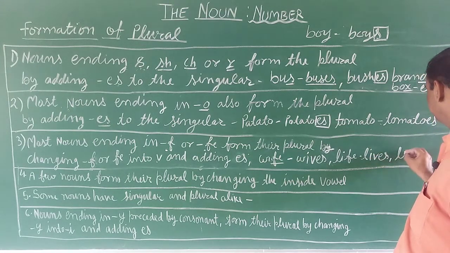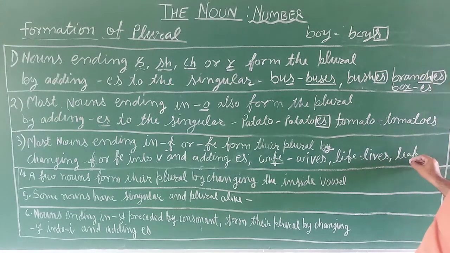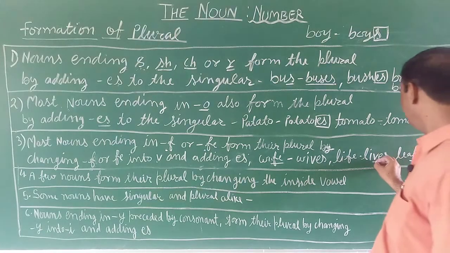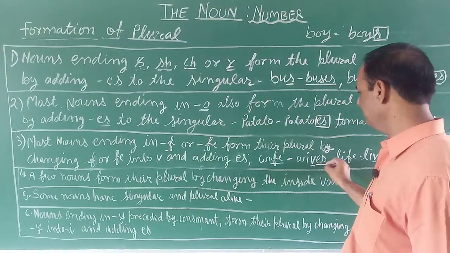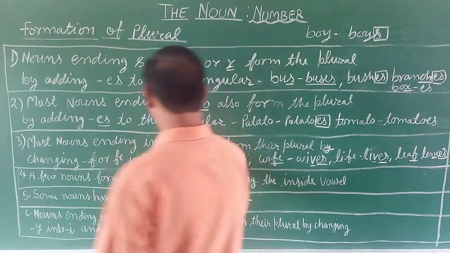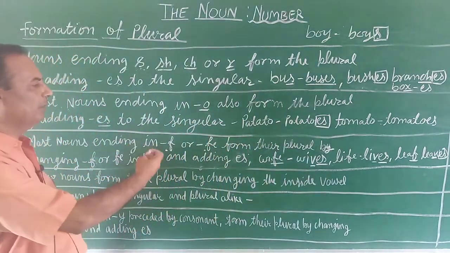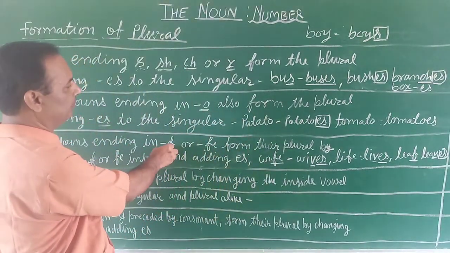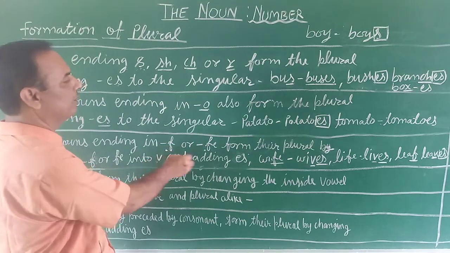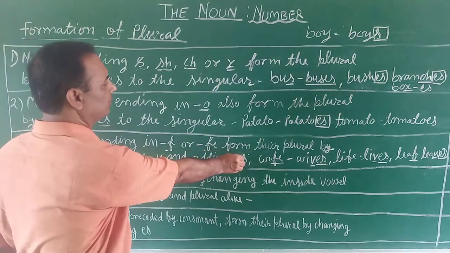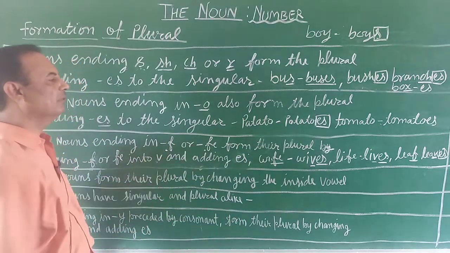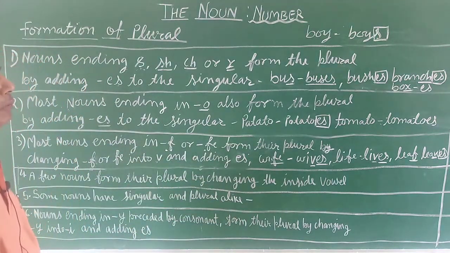Leaf. So you remove this F, leaves, use ES with V. So if the word ends with F or FE, remove F and use V, and then use ES. So VES is used to make plural.